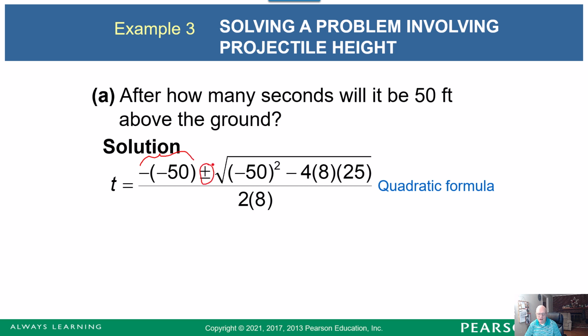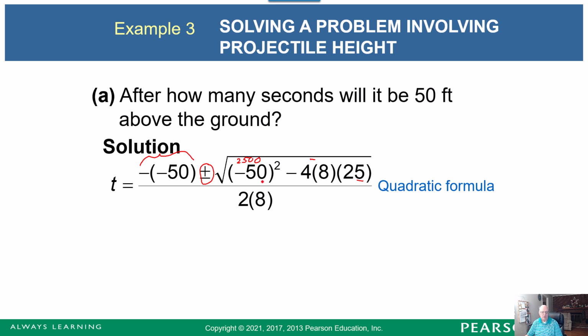You've got the plus or minus, so we're going to get two answers. You're going to be squaring the negative 50, so this will be a positive 2500. And writing this out enables you to take a look at the 4, the 8, and the 25 and see that you've got a negative and two positives you're multiplying together. So this part will also be a negative.